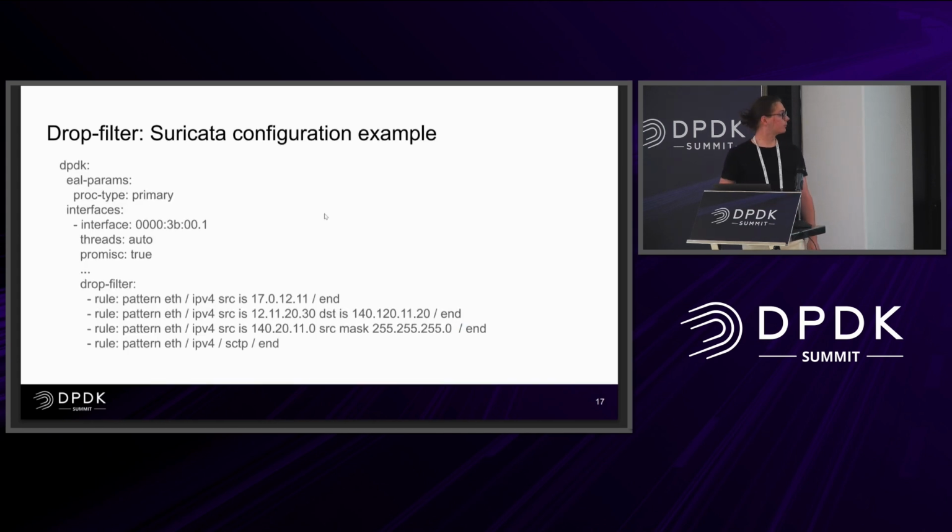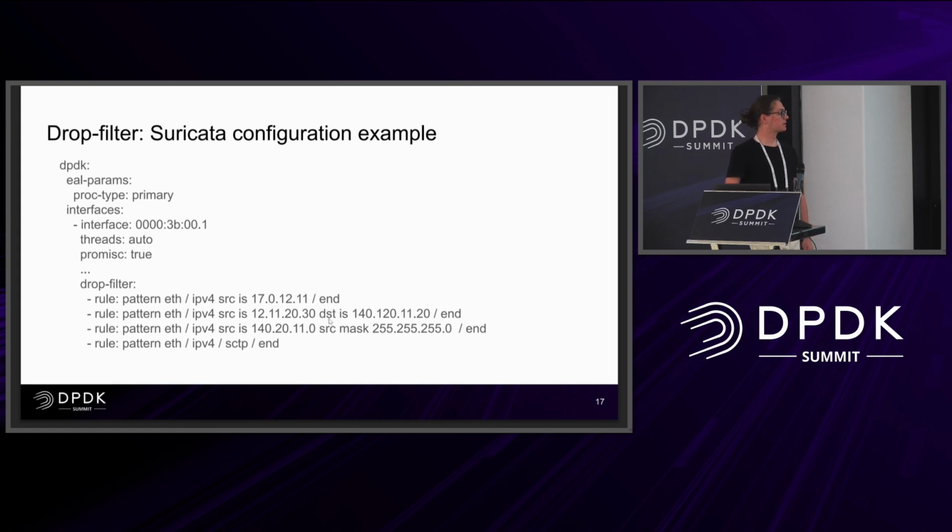So yeah, here is an example of a configuration file of Suricata. This is the DPDK part. Here is the PCI address of the NIC we are working with. There are some DPDK parameters, and there is the drop filter. In this example, I have 4 rules.